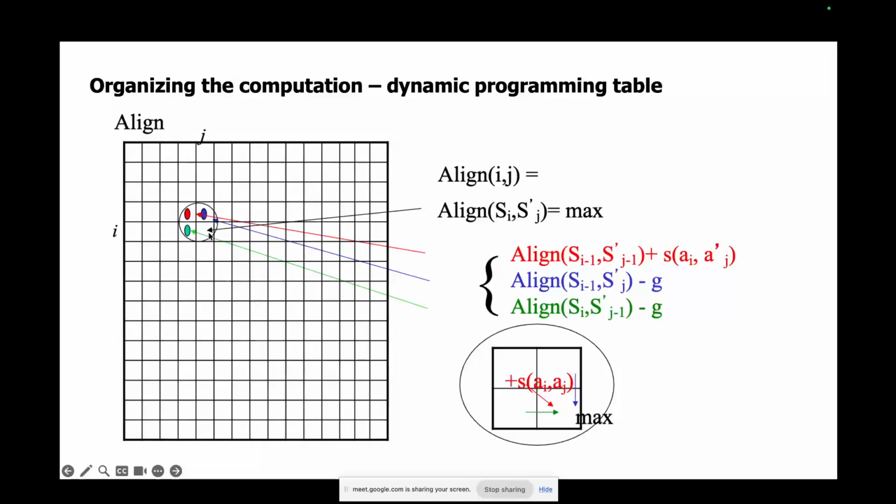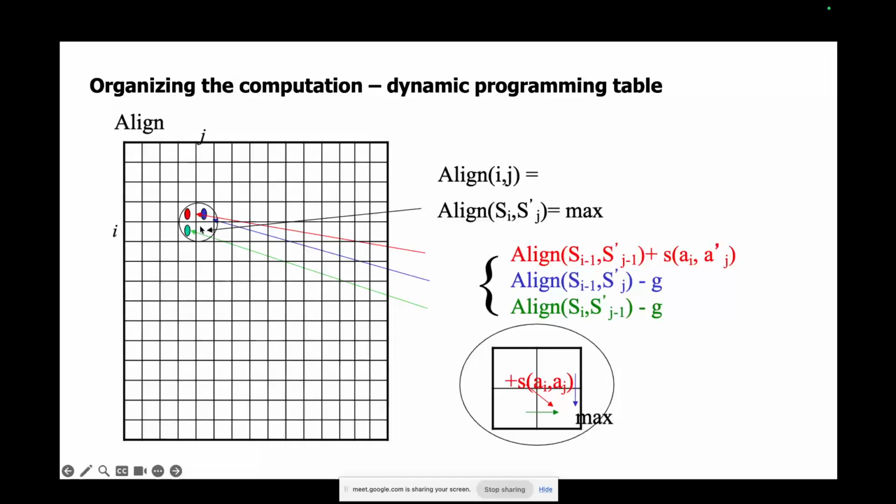The second option would be to assign a gap from the top or from the left. So if you want to assign a gap from the top, it would be i minus 1. So this is the ith position, i and j, and i minus 1 would be this position, the blue one on the top. The idea is that Si and Sj have matched till i minus 1 comma j, and there is a gap at this position.